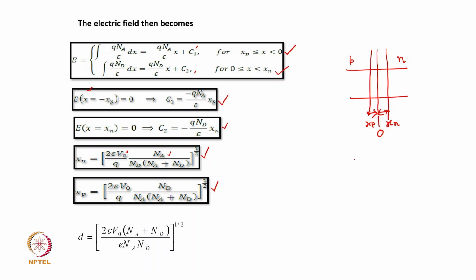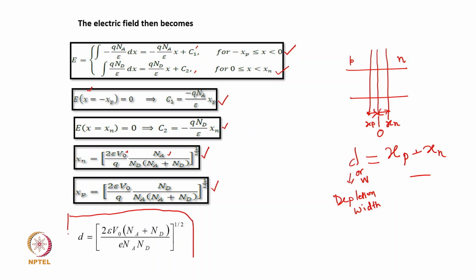So, what we are essentially calculating is the depletion width D or W, equal to xp plus xn, and when we do this we get this particular equation, and this is extremely important.